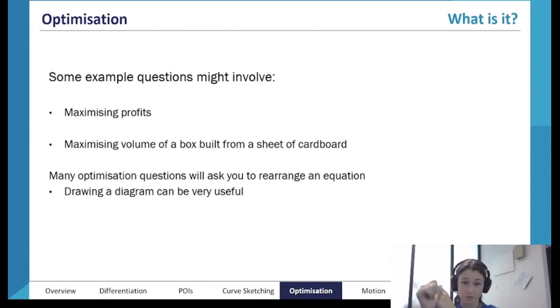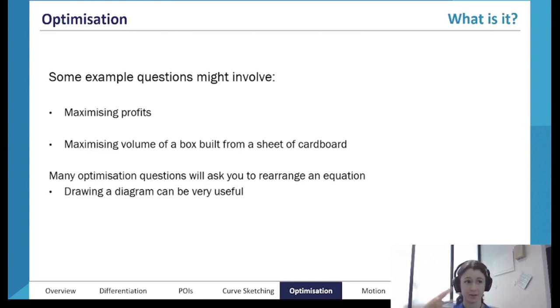Really, really important, draw a diagram. Even if you think that you're a little bit above it, it's really important just to avoid making mistakes. And if you're new to optimization, it's really, really helpful to look at a diagram and be able to visualize how you might actually incorporate those elements.